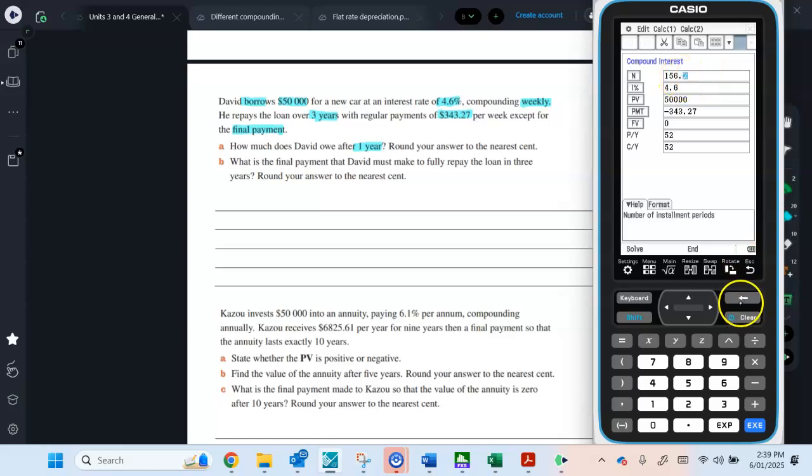If I did 156 and did future value, we're still owing $1.37. That $1.37 is likely to be added to your final payment instead of going into another month. If it went into 157 months, it wouldn't be repaid in 3 years.